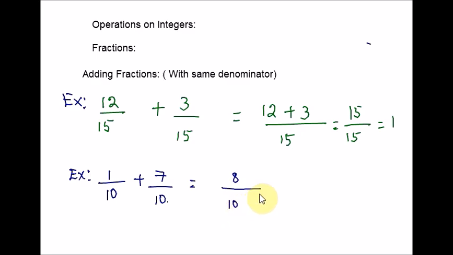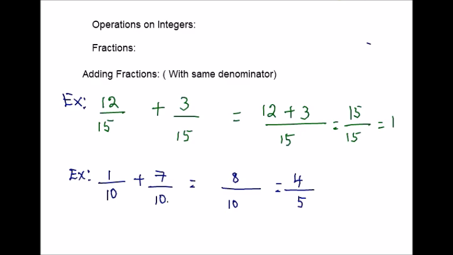So there are 4 twos in the 8 and 5 times 2 is 10. If possible, you can reduce the answer further. But there is no common factor between 4 and 5 here, so we can just leave it. This should be the last answer. You should give your answer in reduced form only, or else your answer would be considered incomplete. So make sure that you reduce to the lowest term.